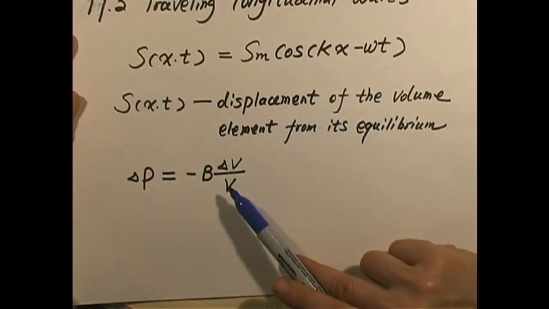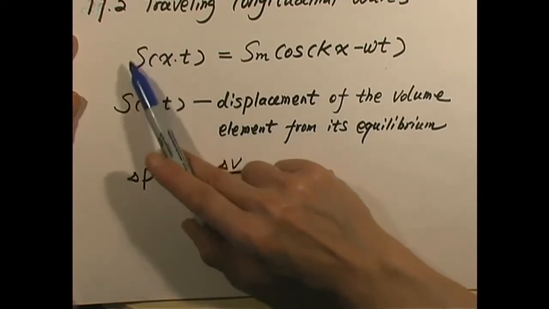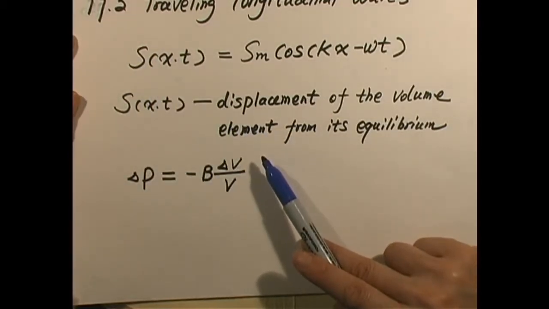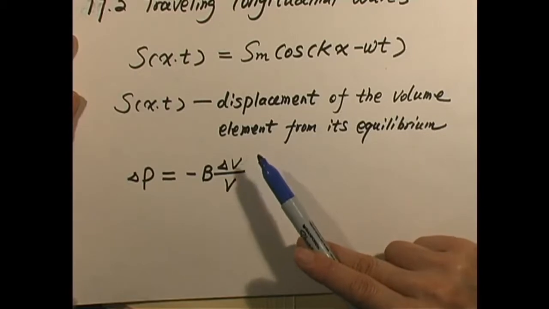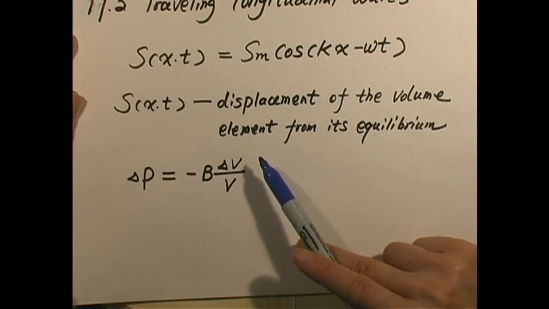Now, we're going to learn that for a traveling longitudinal wave, its displacement is actually associated with the pressure difference. Because in our case, the reason there is a sound wave is the pressure difference. The sound wave is actually a compressional wave.